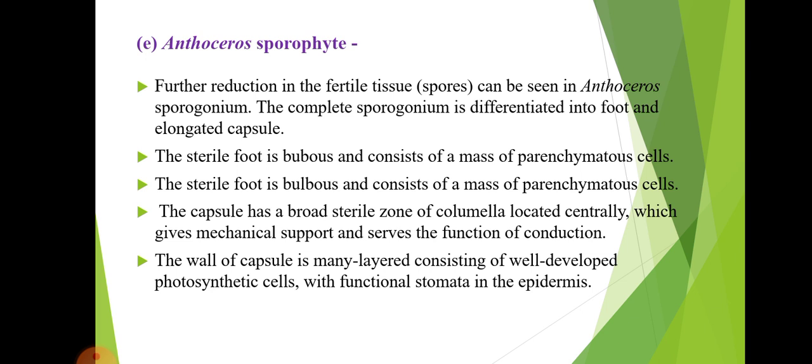The complete sporogonium is differentiated into foot and elongated capsule. The sterile foot is bulbous and consists of a mass of parenchymatous cells.